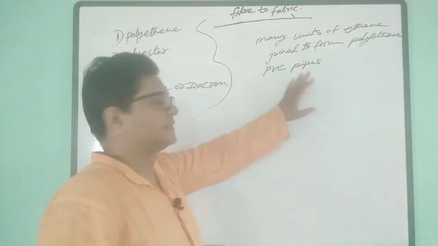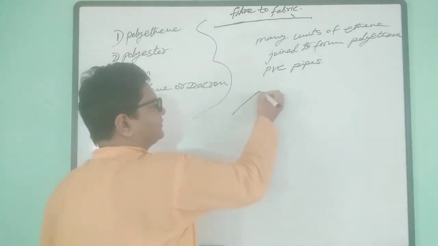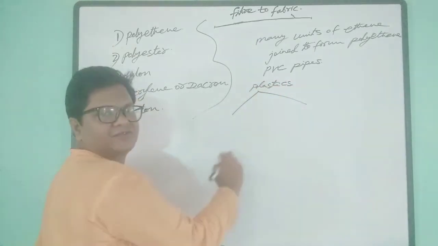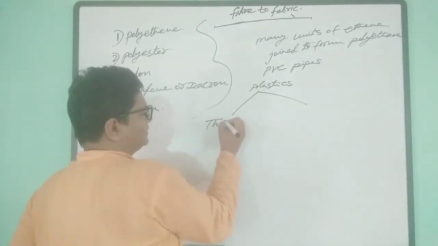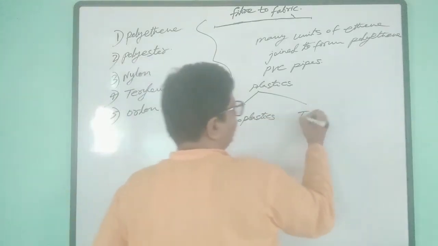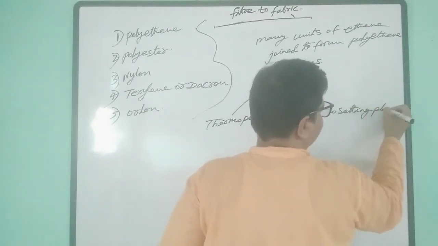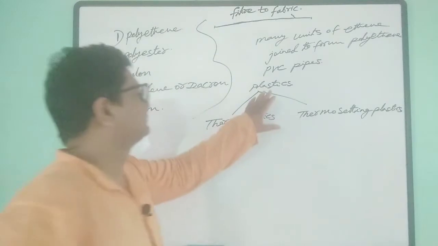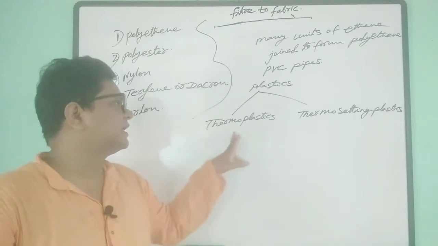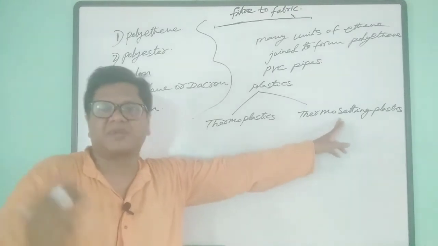Another is PVC pipes. See, first of all let me explain that there are two kinds of plastics. One is thermoplastics, and other is thermosetting plastics. See, all the plastics which we use in our daily life purposes can be classified under thermoplastics and thermosetting plastics.